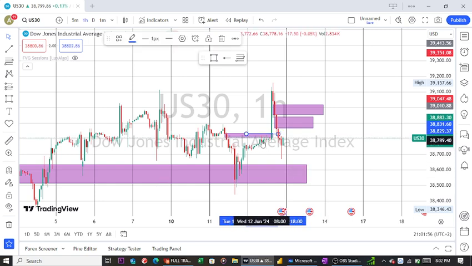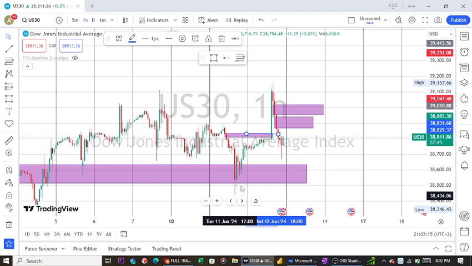If price closes above the fair value gap, it means we are going to be having a change of trend, meaning price will be pulling upwards.